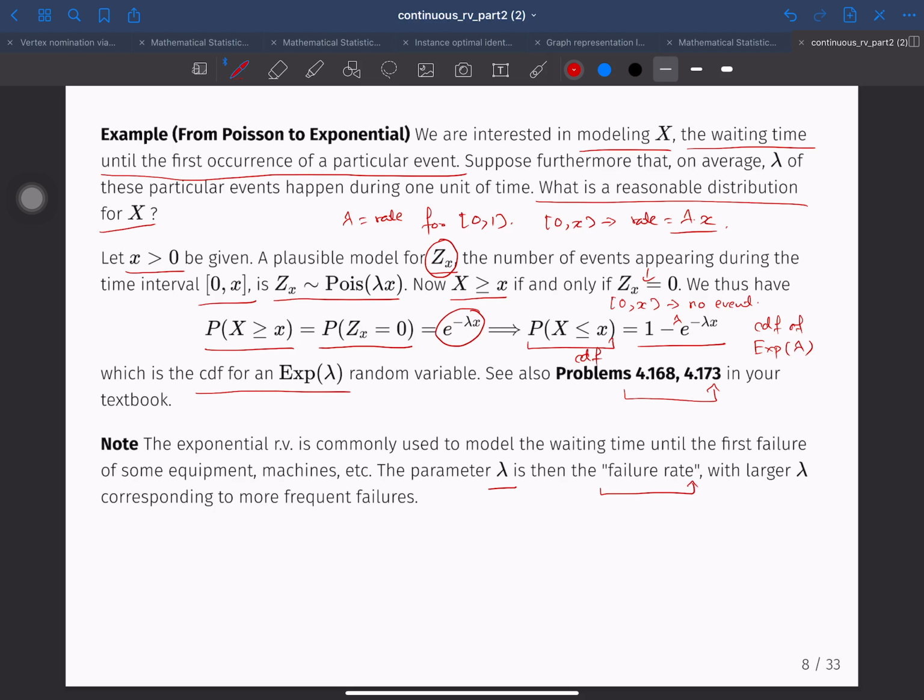And as we'll see later, the mean of an exponential is 1 over lambda. So the expectation of X is 1 over lambda. What that means is that the larger the failure rate, the smaller the expected waiting time.